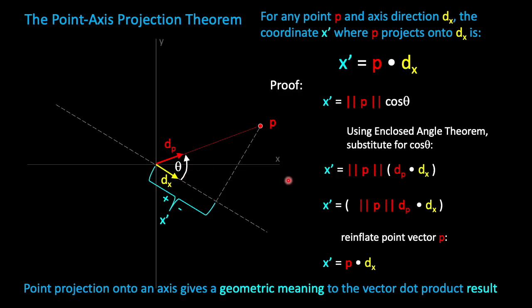But it's a fairly simple extension of what we've done here to just look at the other case where the point P is projecting either from above or below onto the negative extension of this axis d sub x.